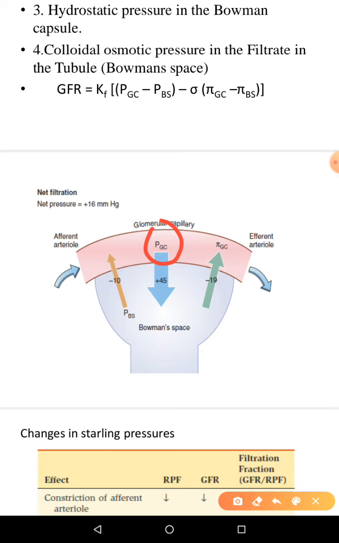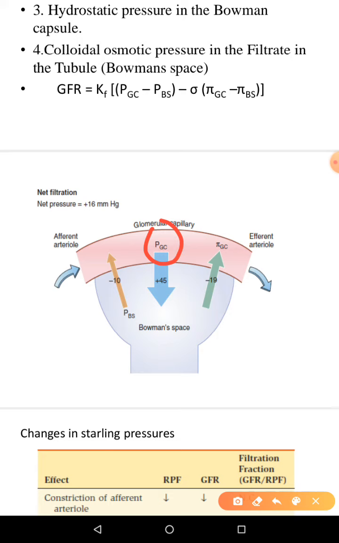And therefore, PGC, which is hydrostatic pressure in the glomerular capillaries, will decrease, which will reduce the net ultrafiltration pressure. This can be observed during sympathetic nervous system activity, or where there are high levels of angiotensin 2.